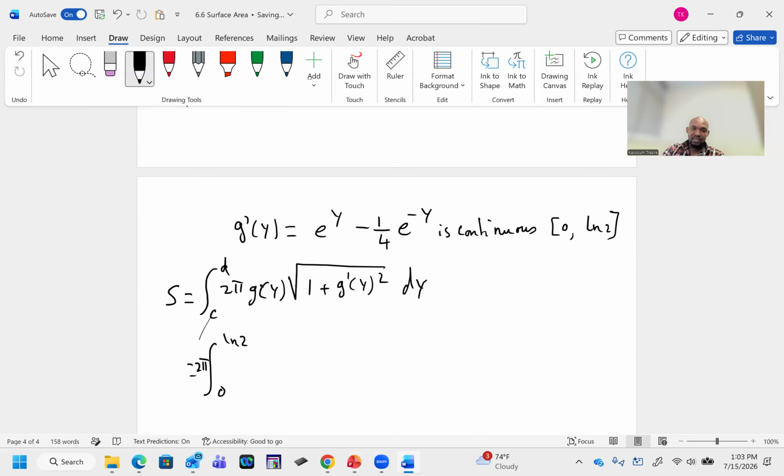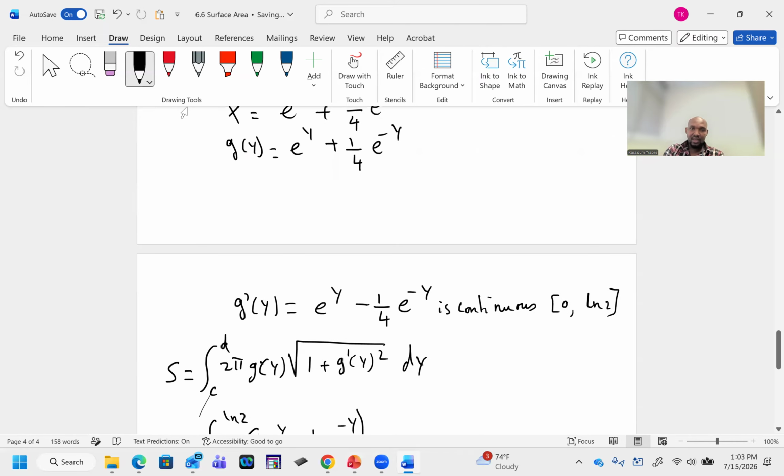G of y is e to the power of y plus 1 over 4 e to the power of negative y, if I'm not mistaken. Yes.